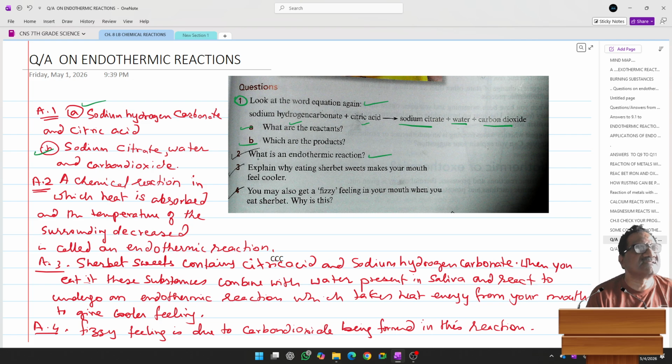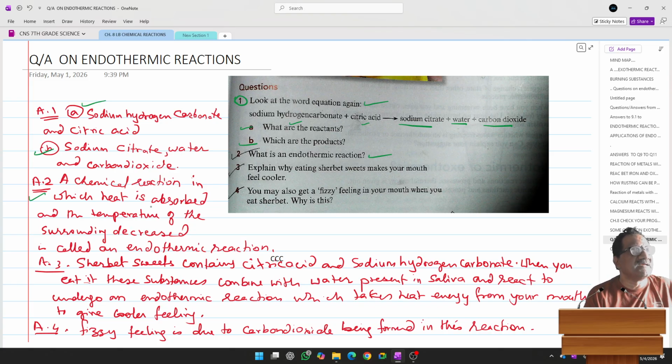It says, what is an endothermic reaction? You have to just write the definition of an endothermic reaction. So the answer for 2 is: a chemical reaction in which heat is absorbed and the temperature of the surroundings is decreased is called an endothermic reaction.